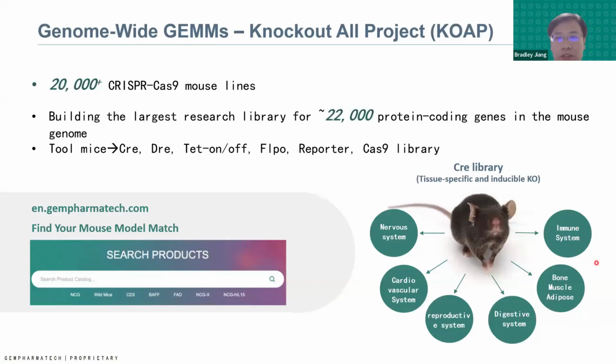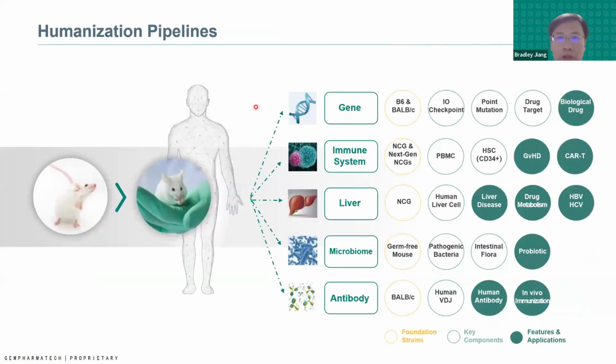One of our resource libraries is the Gempharmatech knockout project. Our knockout project has constructed more than 20,000 knockout and conditional knockout mice, as well as mice libraries. You can find your matching mouse model on our website. To better simulate human biological characteristics in preclinical animal models, we have established 5 humanization pipelines.